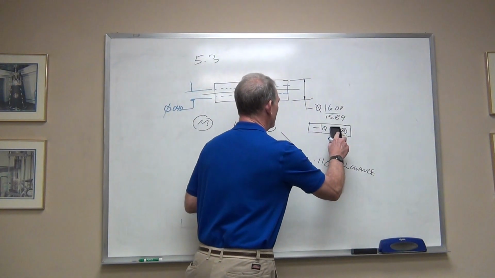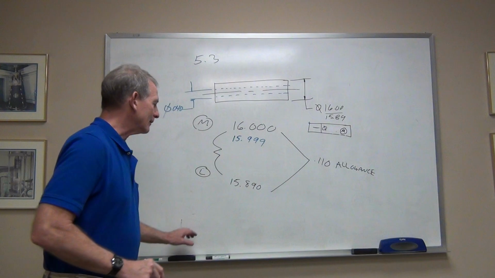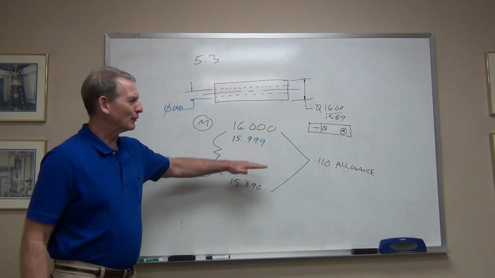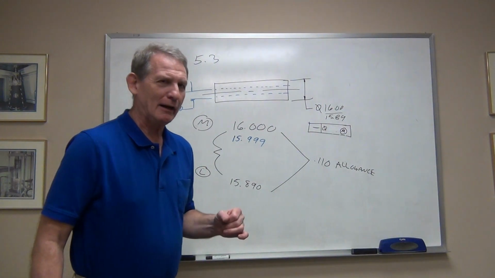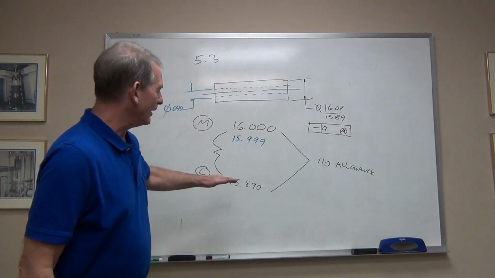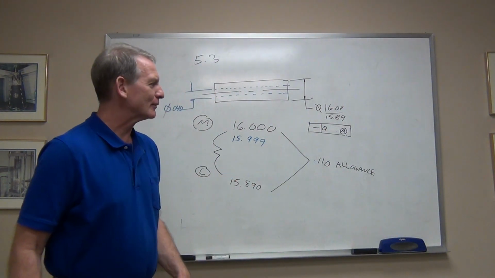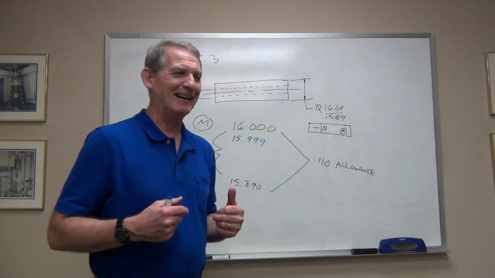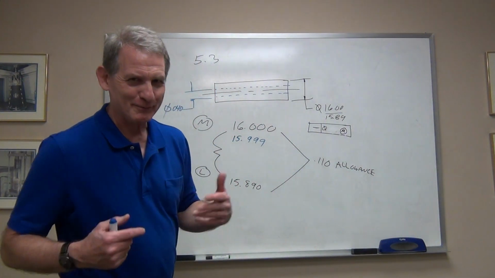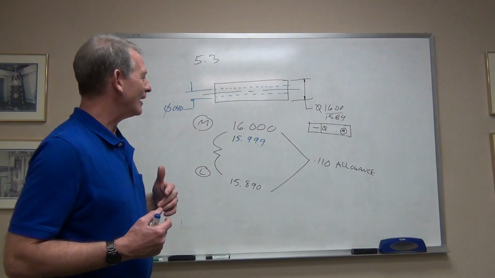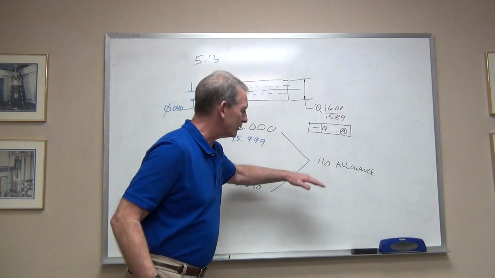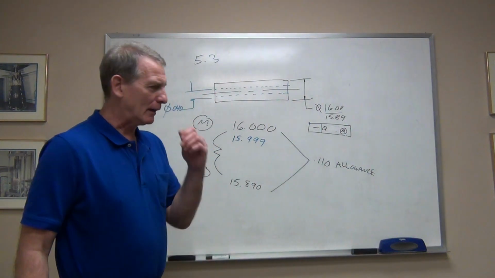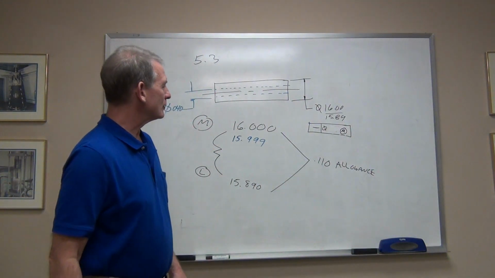such that if, let's say our tool is starting to wear, and over the run of the parts the last shaft we make is 15.890, we lost 110 thousandths on diameter. Definitely we probably should have sharpened our tool somewhere along the line, but we didn't. We have 110 thousandths allowance in the tolerance.